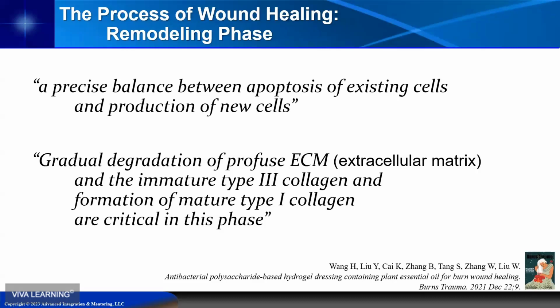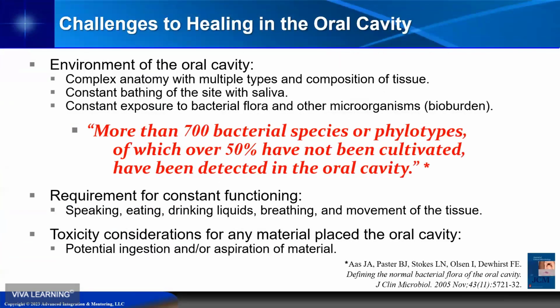As you can see, everything I'm alluding to in these slides comes right out of the medical journals. And looking at what we are trying to accomplish becomes very important. So when we're in the oral cavity, we have a lot of things that we have to contend with. And one of the primary things we have to contend with is the bacteria flora of the oral cavity.